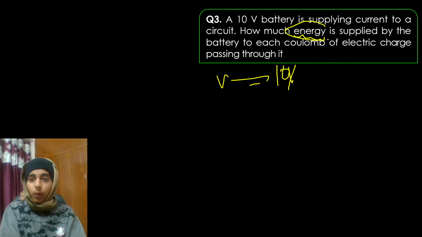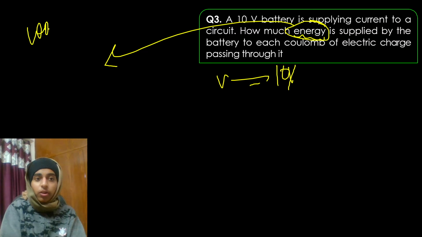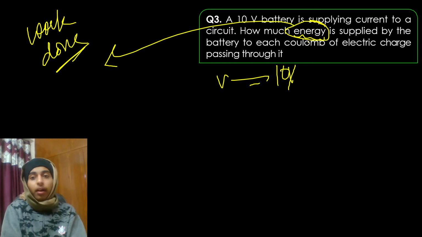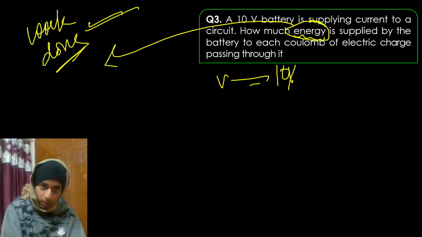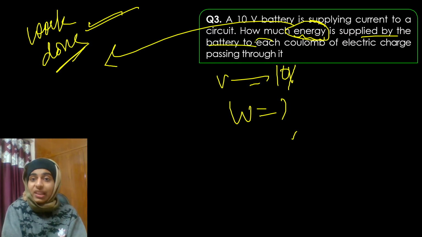Here energy refers to the work done, because work needs energy. Without energy, work cannot happen, efforts can be applied, but you need energy. So here energy refers to the work done, and you need to find out the work done supplied by the battery to each coulomb.